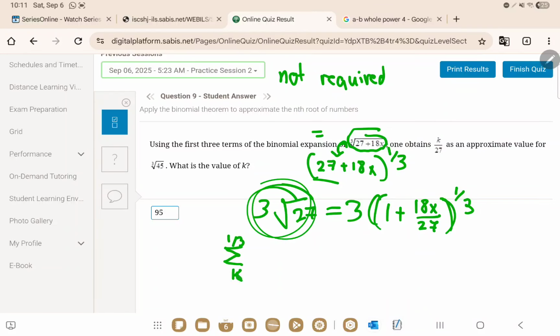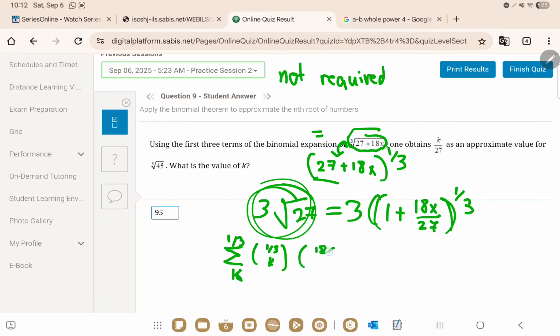Because you can't really put combinations of the rational thing on the calculator, so you need to solve them by hand. The equation is now 1/3 combination k, times the b to the power of k. You ignore that there's an a value because we made it 1. Always make it 1 and you solve.